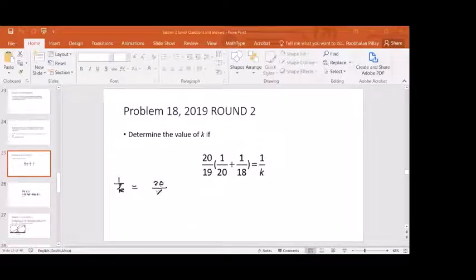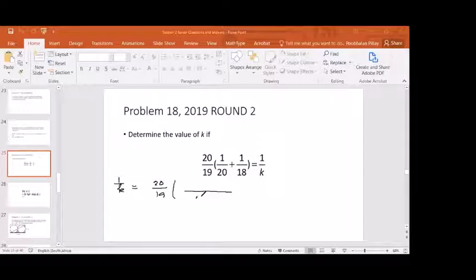20 over 19, leave that intact. You're adding 2 fractions, 18 and 20. Now, if you can't find the LCM, just take the product. It might be difficult to find the LCM.